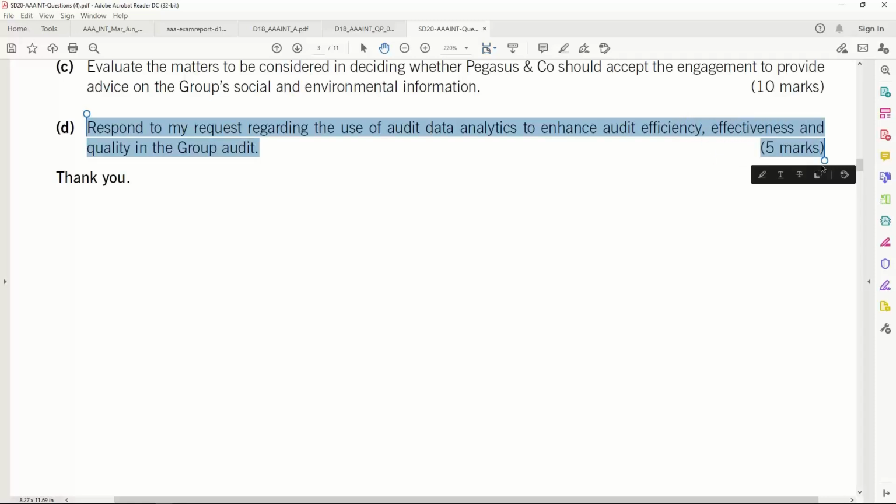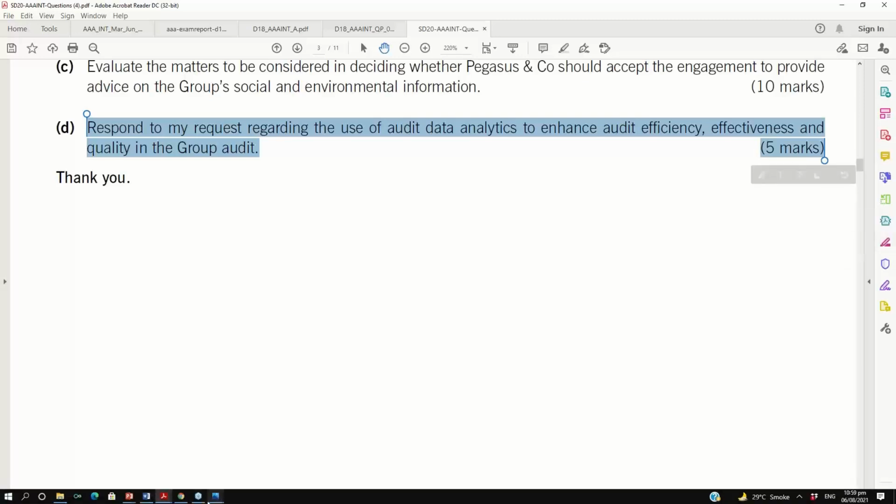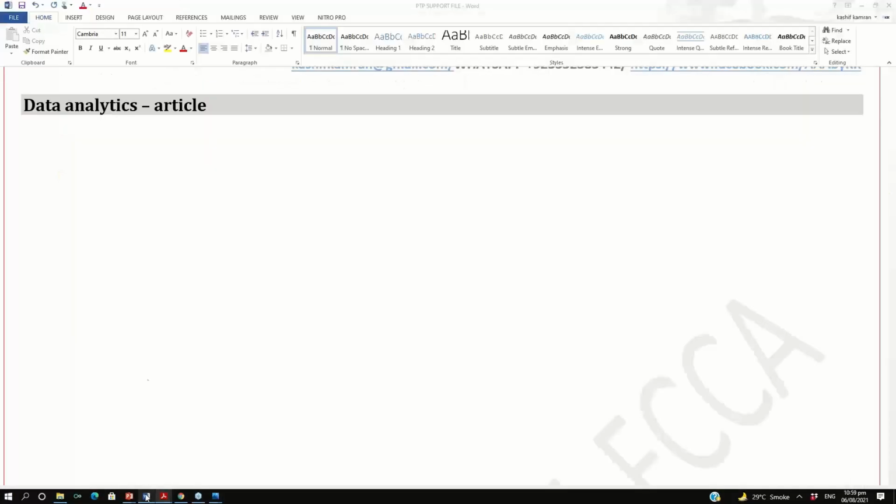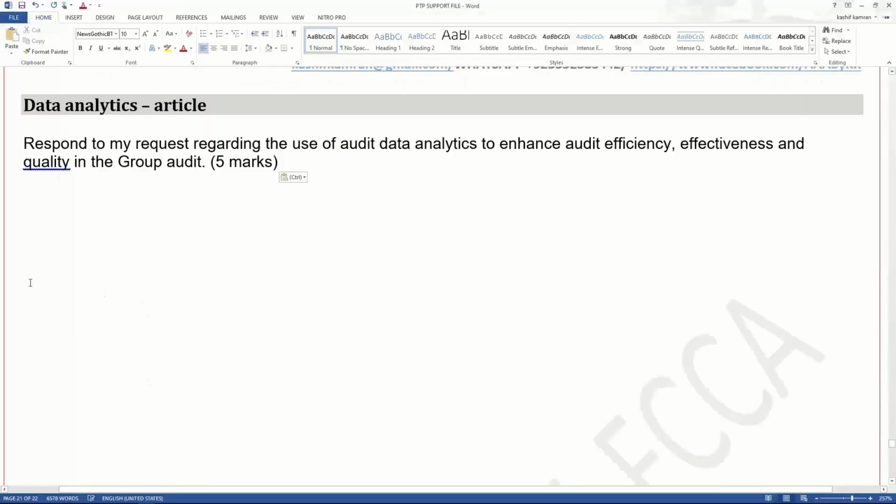So the examiner is asking you to respond to the request of management that the use of data analytics will really enhance audit efficiency, audit quality, and audit effectiveness.